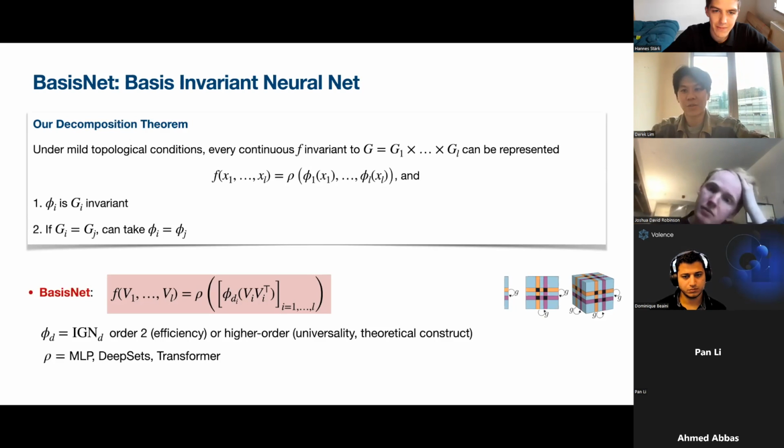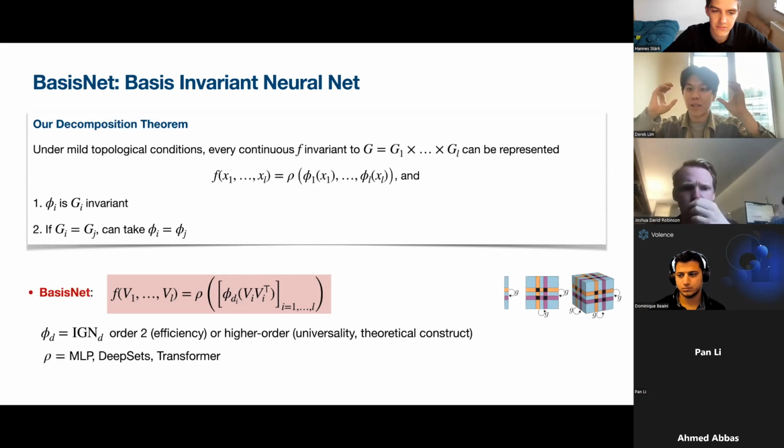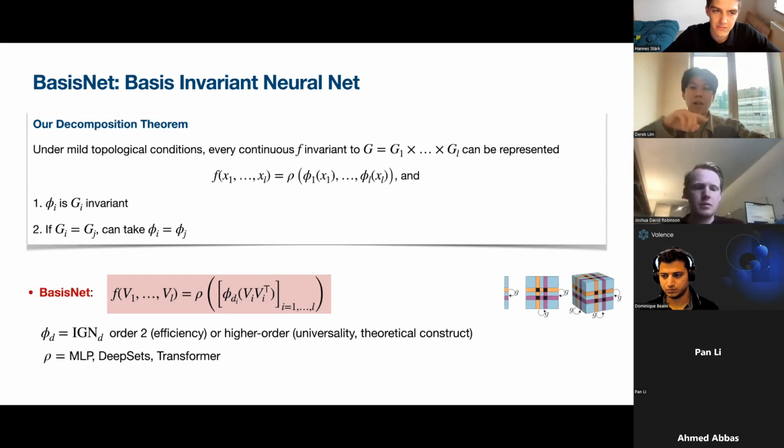Like Josh was saying, one phi of d_i is the architecture you want on one high dimensional eigenspace. We're just doing it independently to all high dimensional eigenspaces and then aggregating with rho.